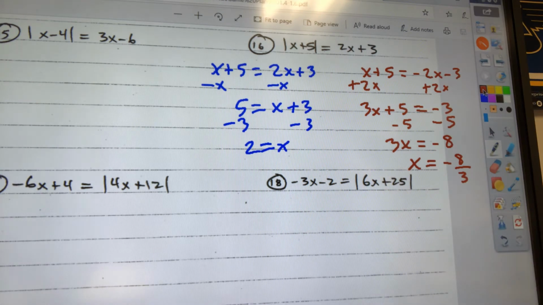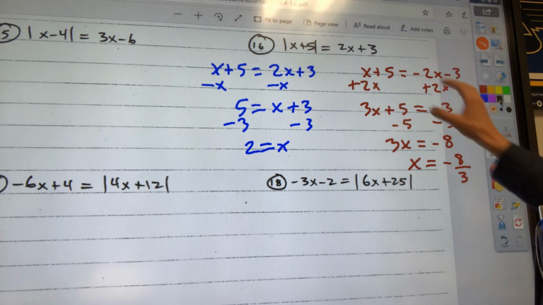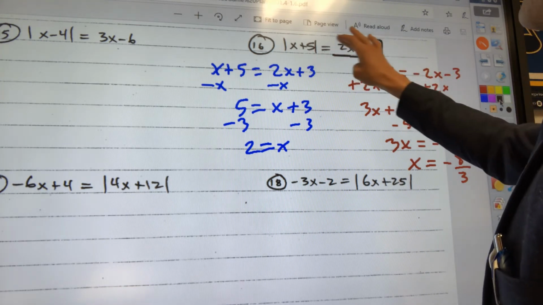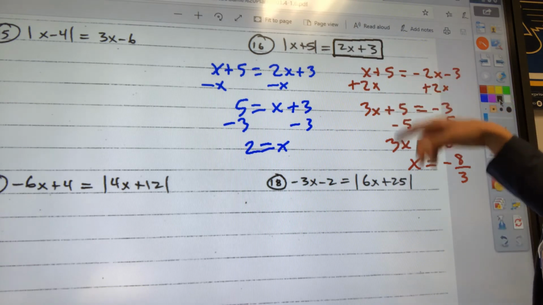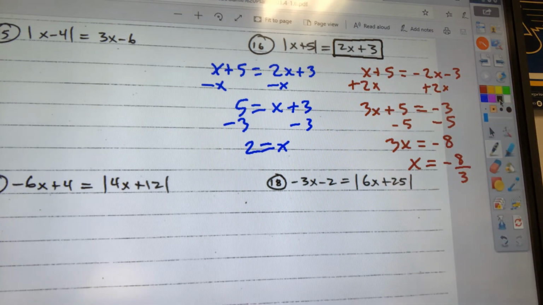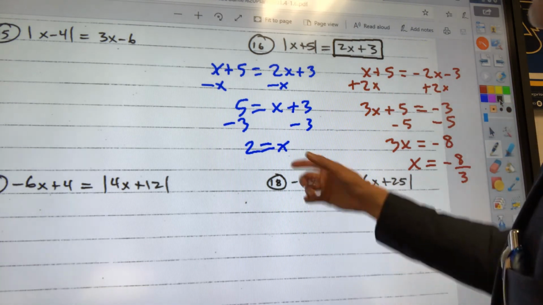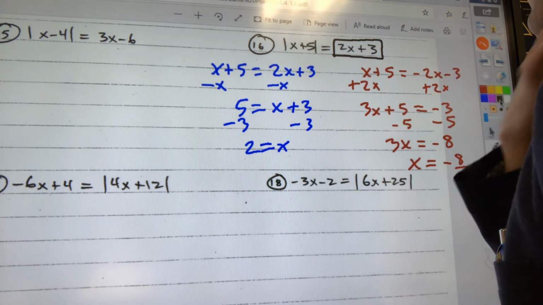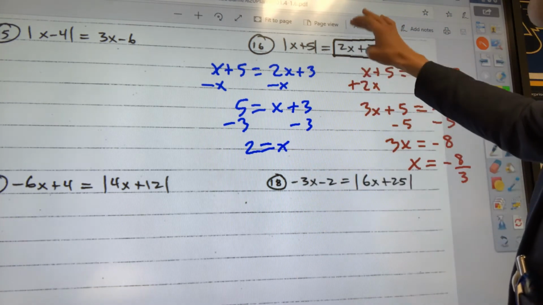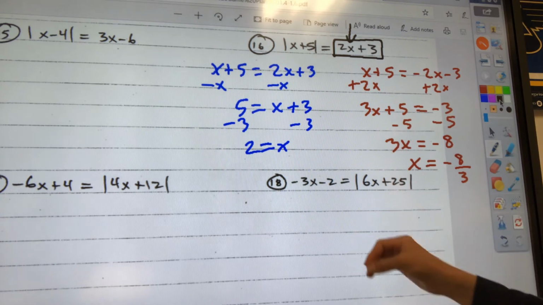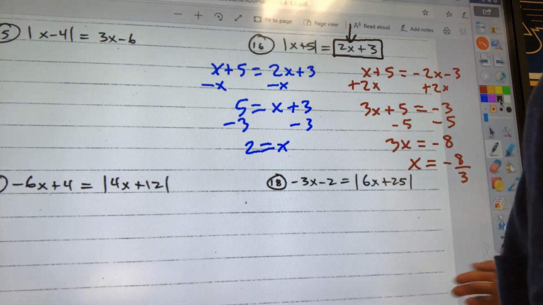Then we need to check. First off, this should be pretty easy. Again, this is not just a number. It's not 15, it's not 10, it's not 8. It's not a constant. It changes depending on what x is. So anytime I have x on the other side of the absolute value, I need to check my answers. I'm going to take 2 and plug it in. 2 times 2 is 4. 4 plus 3 is 7.